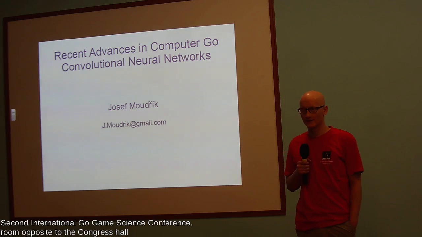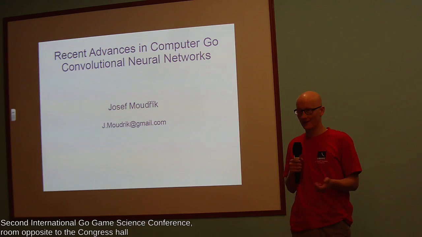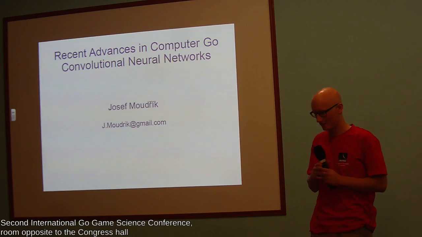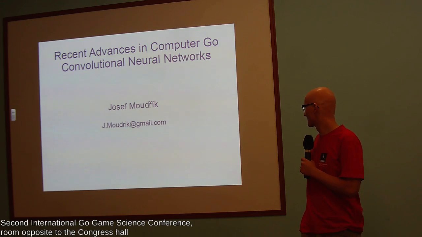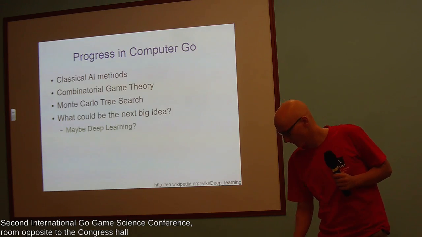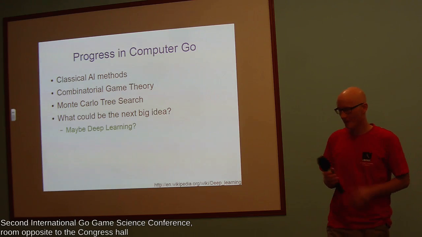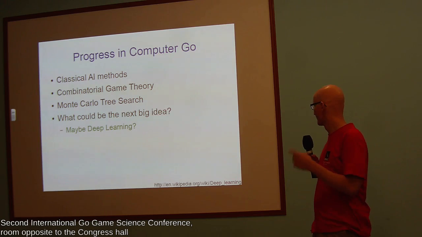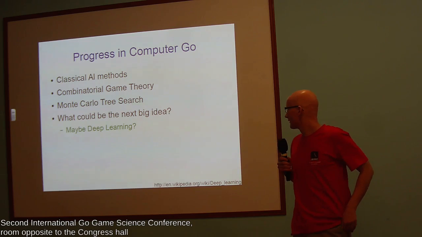The topic would be kind of long to explain in great detail, so I will just give a brief overview. Basically, these are some important milestones in the progress of Computer Go.